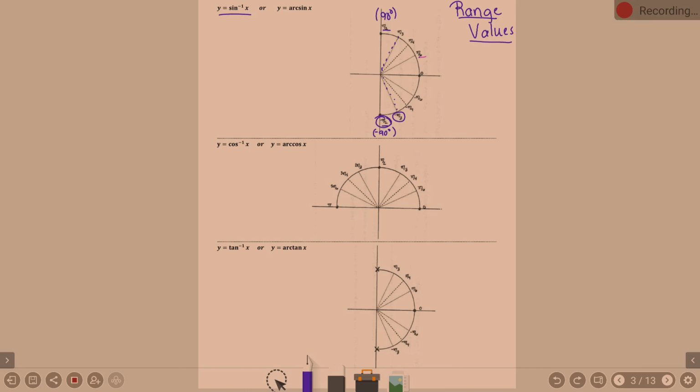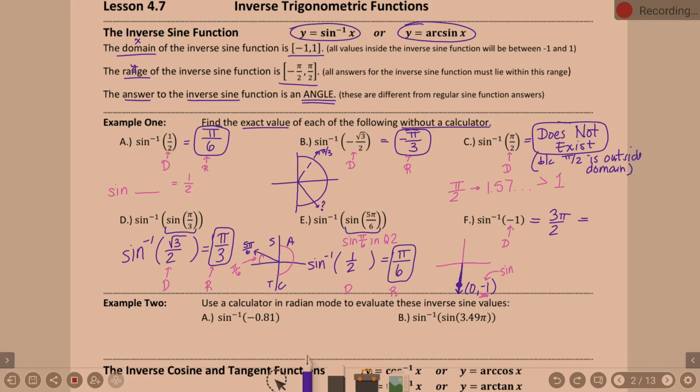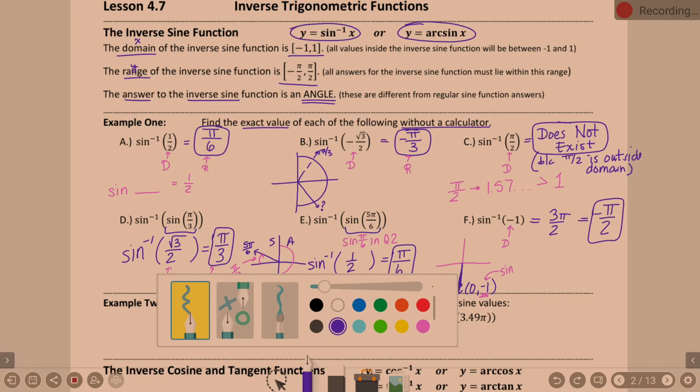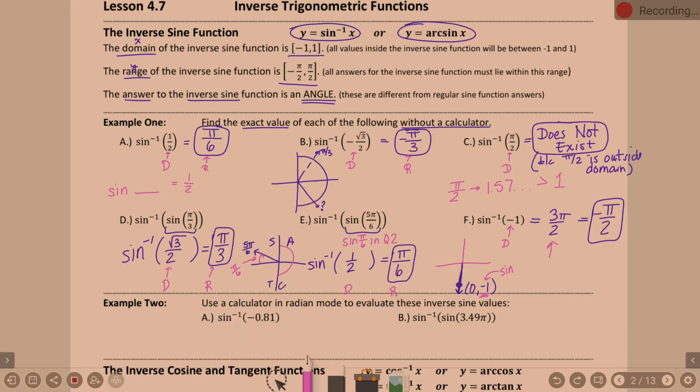So I'm going to say that this answer is negative pi over 2, and the reason being, while this guy is technically correct, he is not in the range, whereas negative pi over 2 is in the range. And I guess I didn't show it: how could you get 3 pi over 2 to that? You could subtract 2 pi, right?